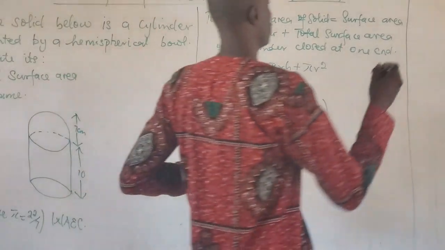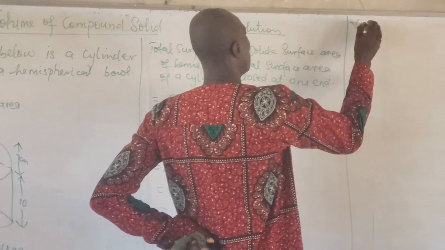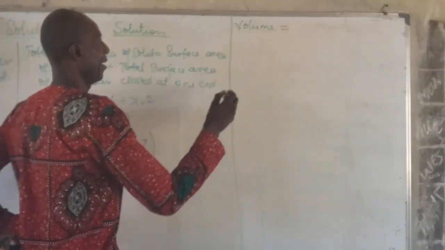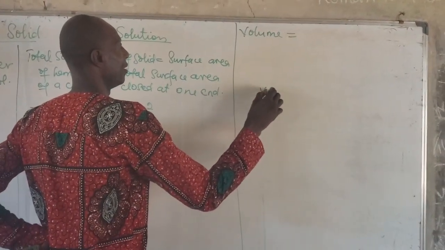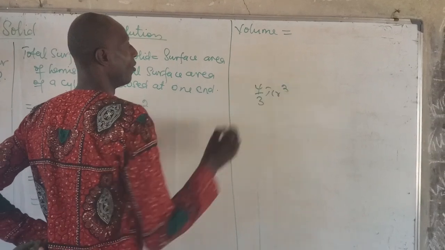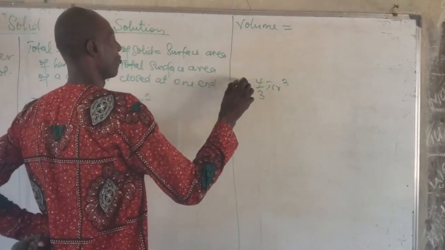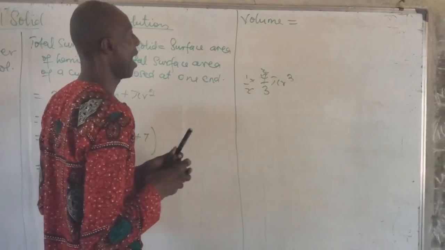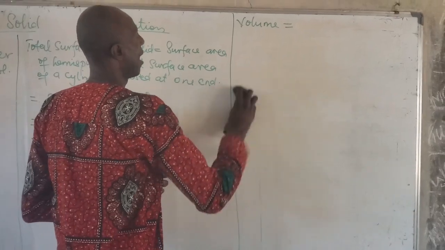So let's go to what is called the volume. Now, the volume of a sphere is 4/3 pi r cube. So for a hemisphere we multiply by 1/2, which gives us 2/3 pi r cube.